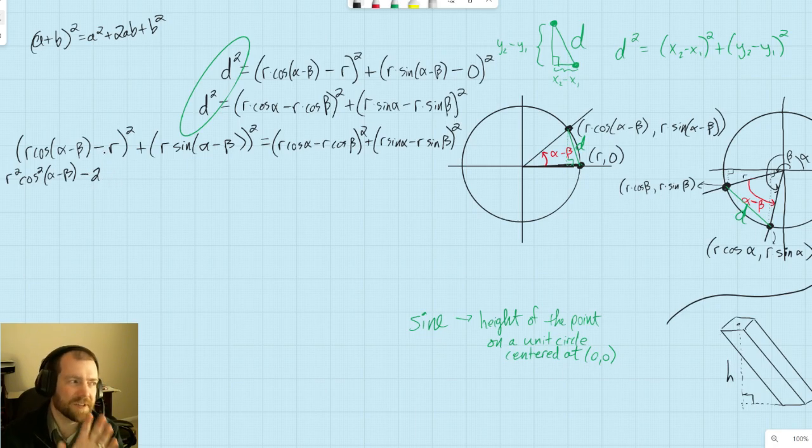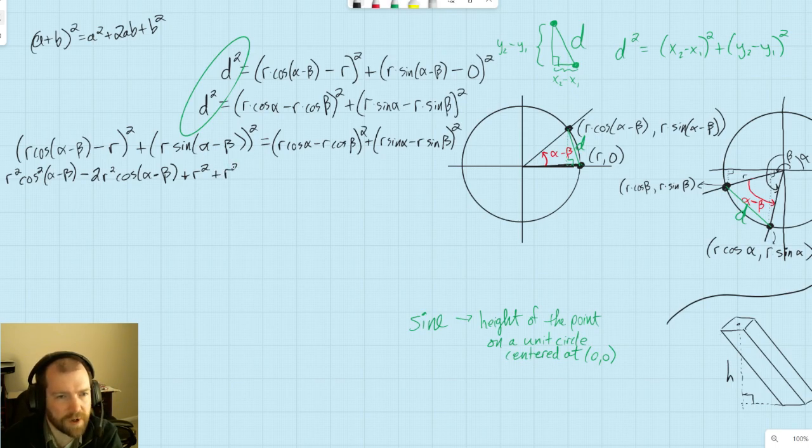It does involve several properties, but the good thing is that by the time you're learning this, you've already learned the trig properties in like the previous 2 sections. So you're using something that you just had. All right, so this is going to be 2 times r squared cosine of alpha minus beta. And then here, plus r squared. Easy enough. Okay, plus this is just going to be r squared sine squared of alpha minus beta.